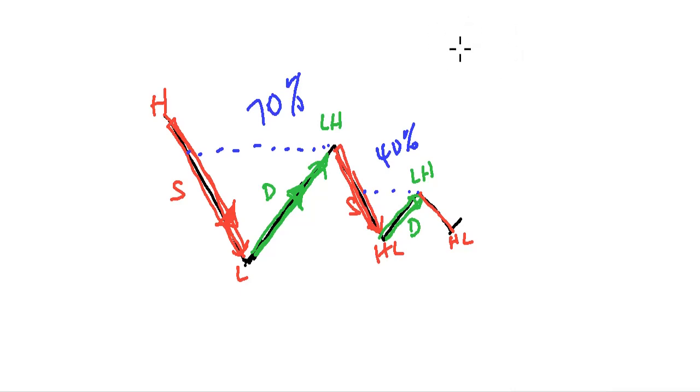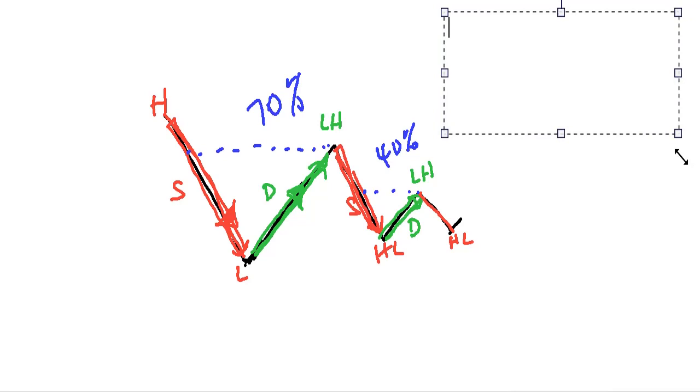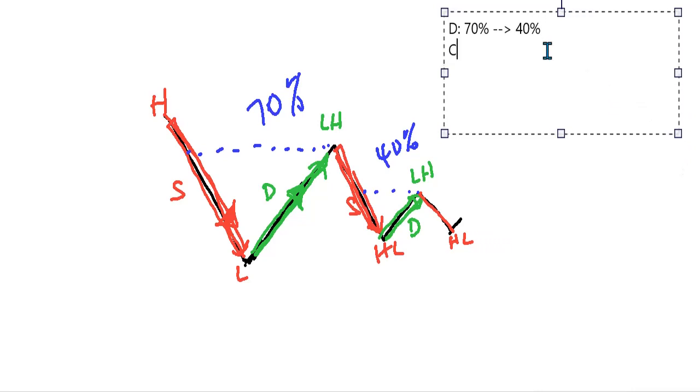Okay, so now we're going to make a conclusion. This time I'm going to type it out. In terms of demand, we have 70% demand now reducing to become 40%, right? And the next thing is the conclusion.